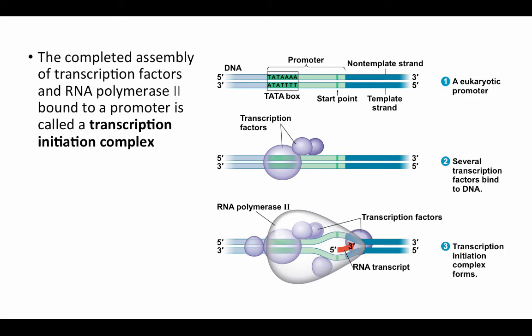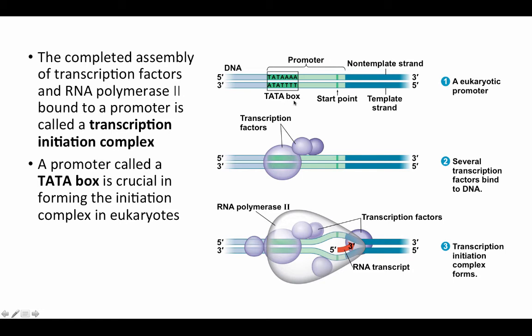So the combination of the bound transcription factors and the bound RNA polymerase is the transcription initiation complex. The promoter region is known as a TATA box, and so there are lots of thymine and adenine nucleotides in this promoter region, and that's the signal for these transcription factors to bind there.